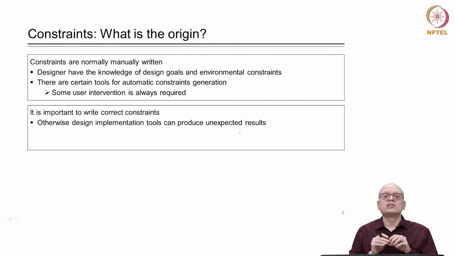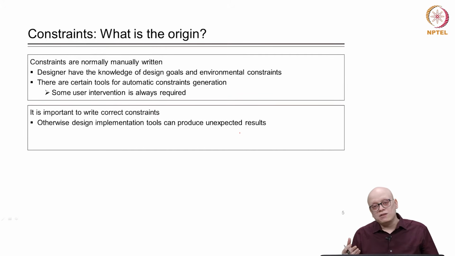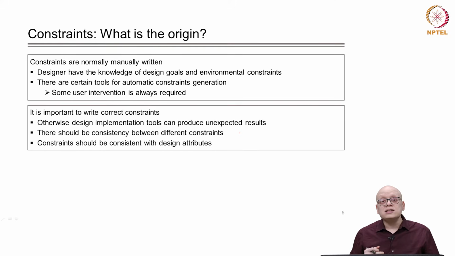If that information is not correct, there can be many sources of error, and the design behavior will not match our expectation. So there should be consistency between different constraints, and the constraints should be consistent with the design attributes. What we mean by this, we will see in subsequent slides.